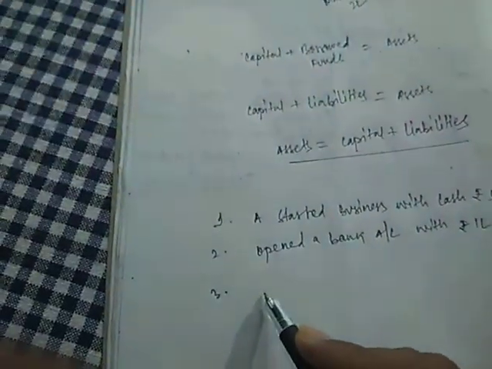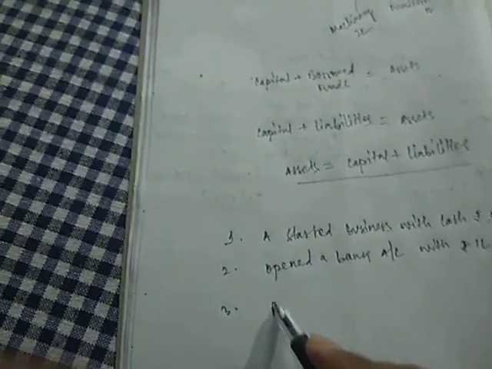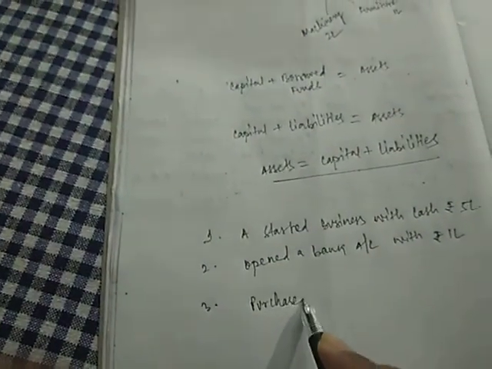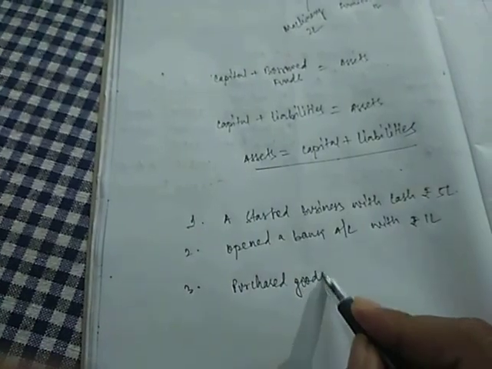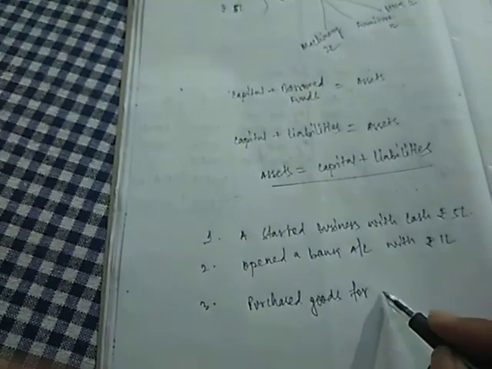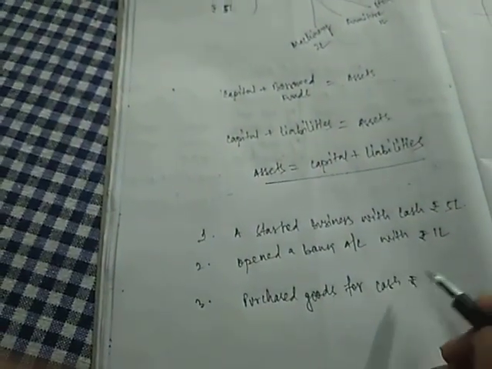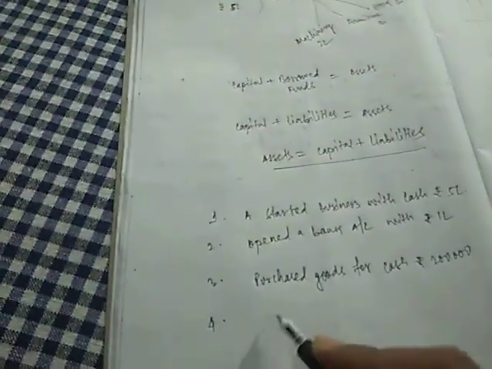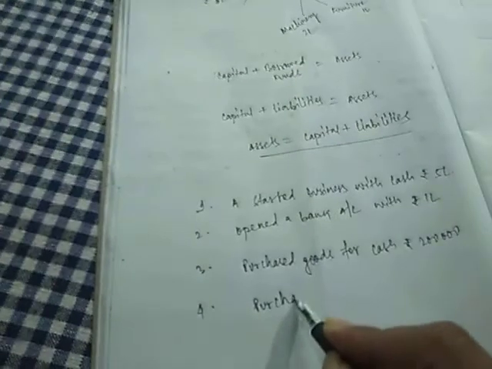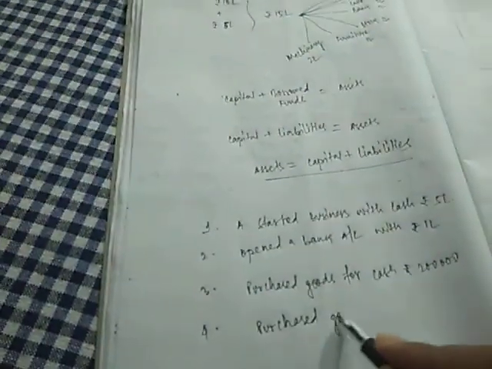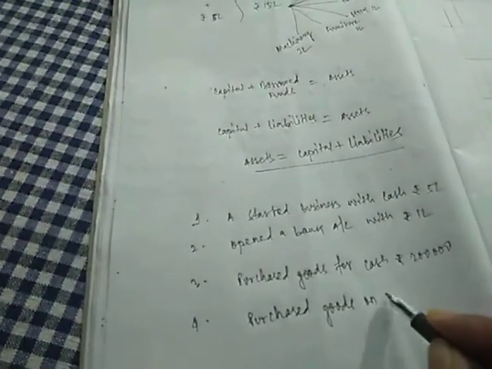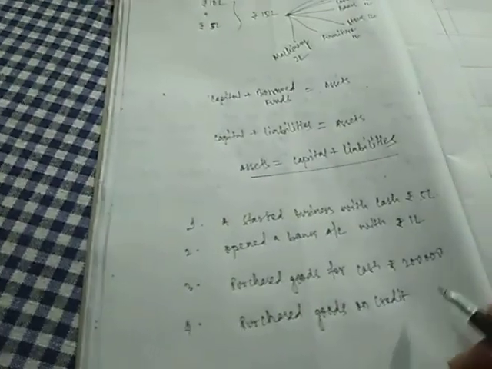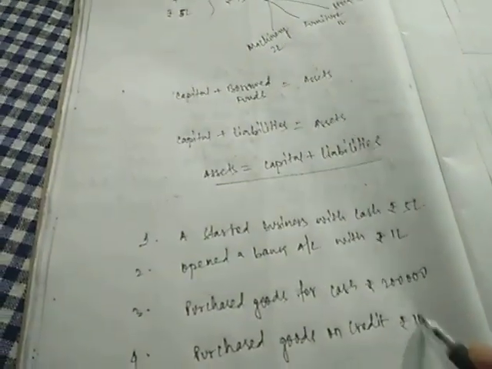Next is purchased goods for cash of rupees 2 lakh. Next is purchased goods on credit rupees 1 lakh.